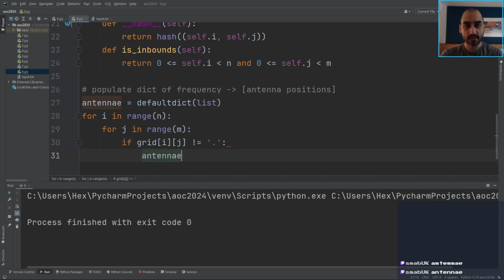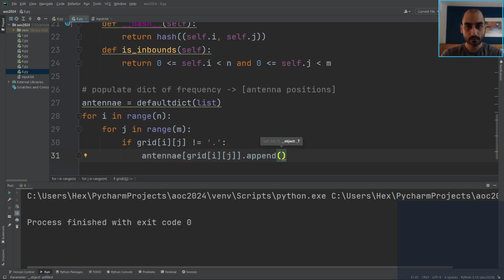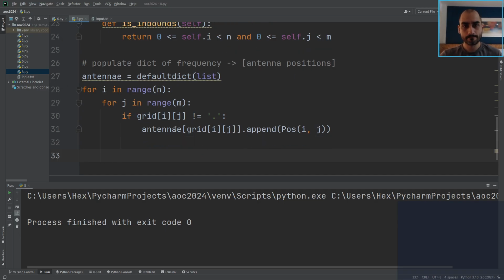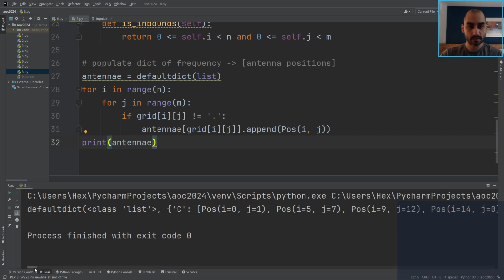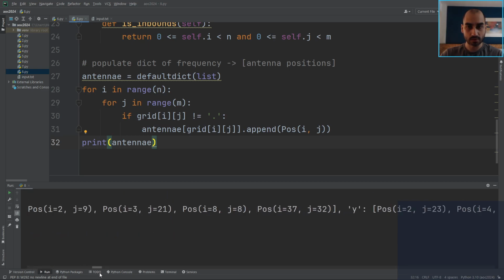We're gonna do antennae on that symbol dot append pos ij. Just pop a pos in there. Print antennae. So C, W, okay, that looks good.